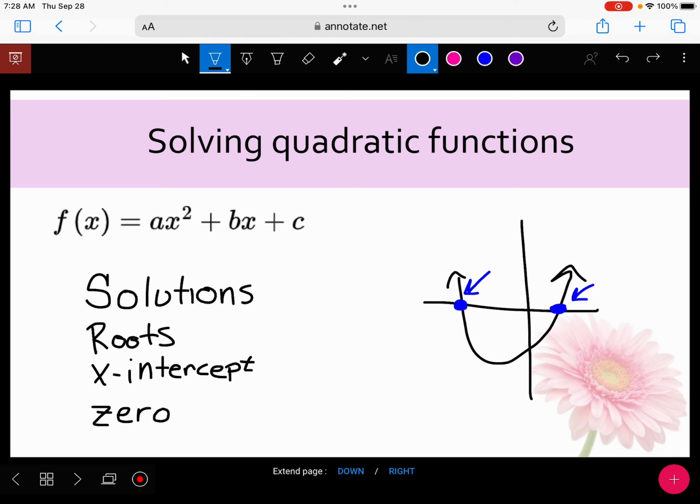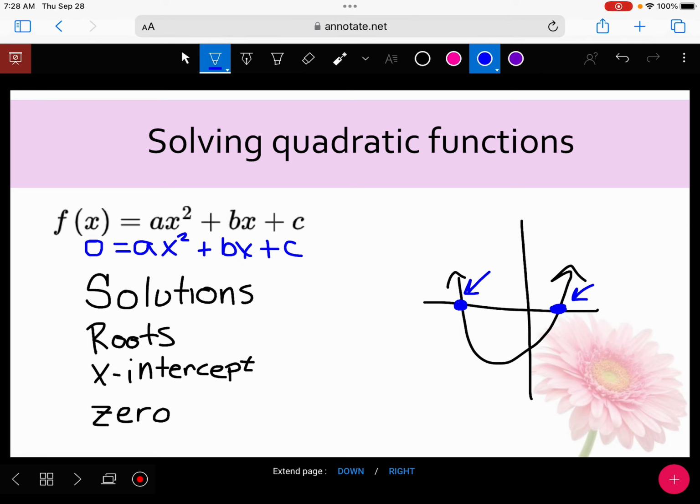So the reason that they're called zeros is when we're working with equations like this guy up here, what we're going to do is set it equal to 0, and then we'll solve it to get whatever x equals. And we can do that by graphing. We can do that with about 3 other ways of solving it.